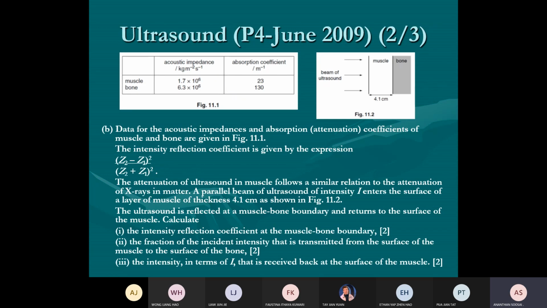Okay, first one, how do you want to answer? Calculate. Find the intensity reflection coefficient, alpha, for the muscle-bone boundary. Come on, calculate. The intensity reflection coefficient, alpha, right? Alpha is I_R over I. So what's the formula? Z2 minus Z1 squared over Z2 plus Z1 squared.